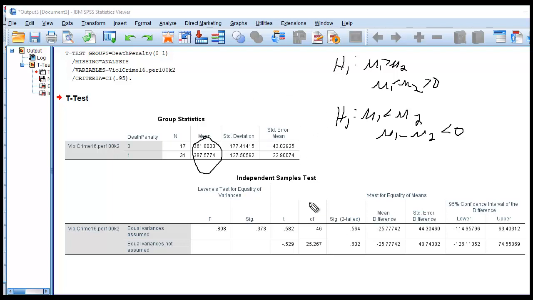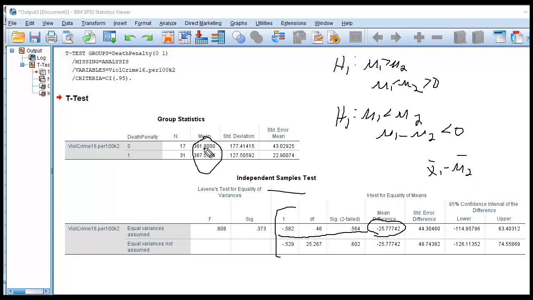So looking at our test results down here, you can see that we have our t-test that's given to us right here. We're going to concentrate mainly on this first row. The mean difference between the two groups is negative 25. This is calculated by taking the mean for group 1 and subtracting the mean for group 2, and that's why we have a negative value shown as the mean difference.